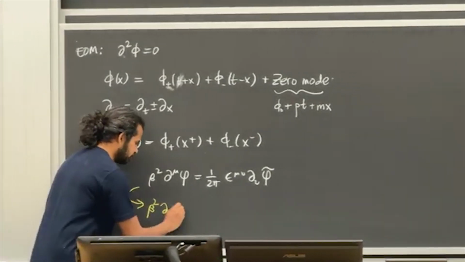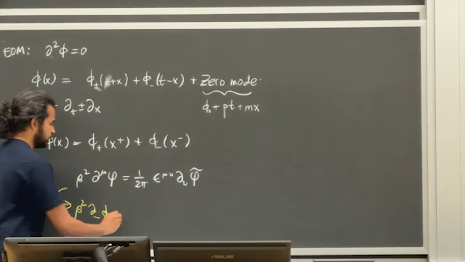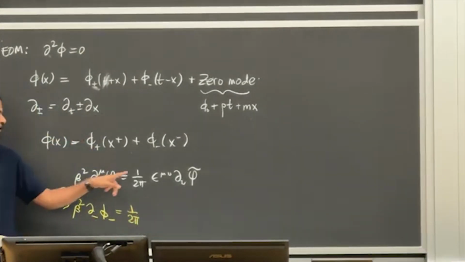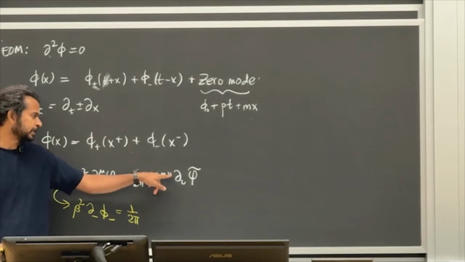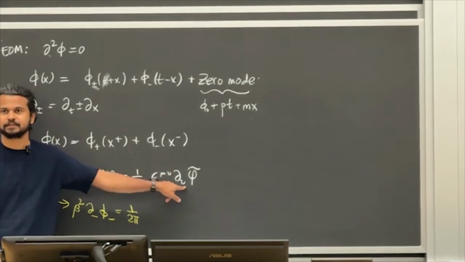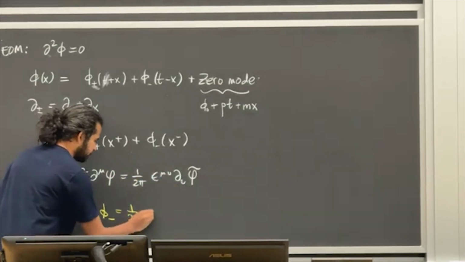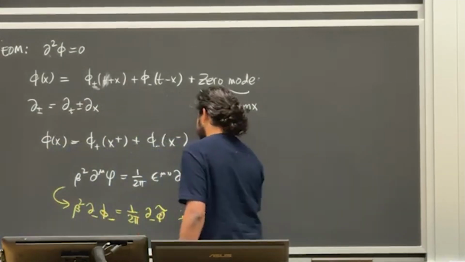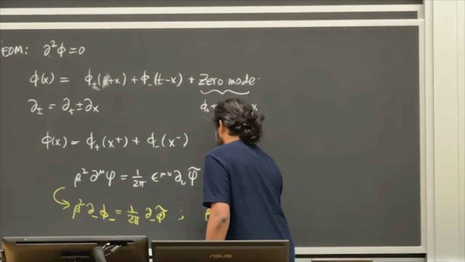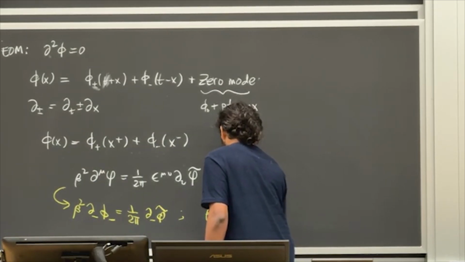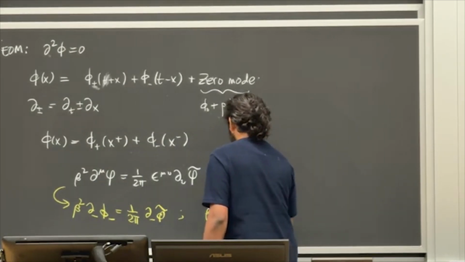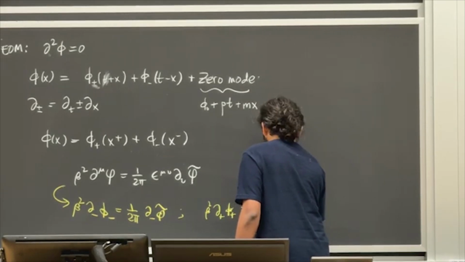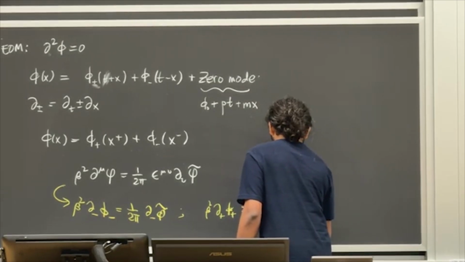So I only have phi minus, and that's equal to 1 by 2 pi. If mu is plus, then I have plus minus. So this is minus. I have d minus phi tilde, as well as beta square d plus phi plus equal to minus 1 by 2 pi d plus phi tilde.